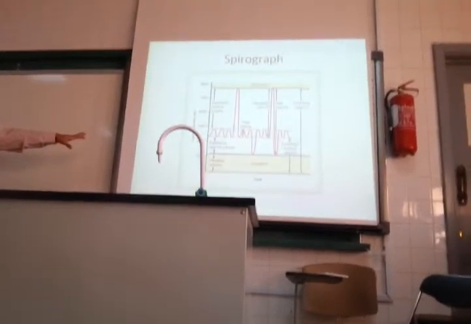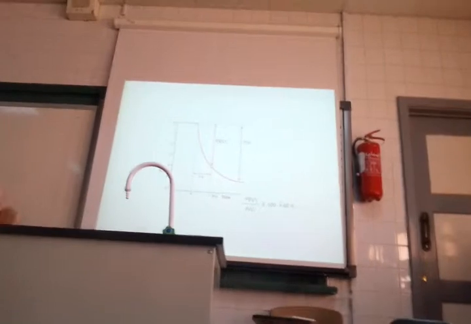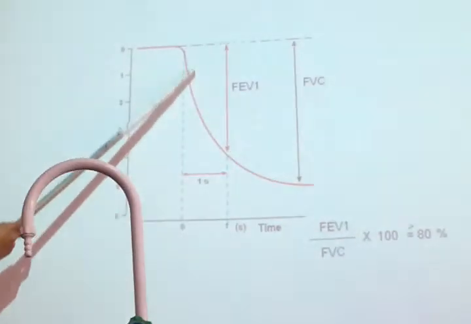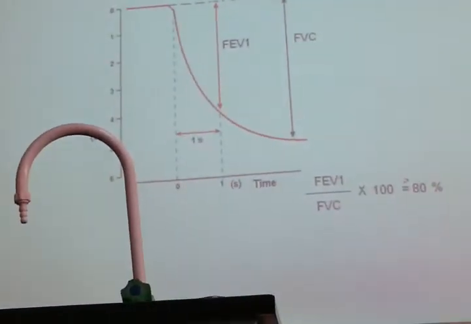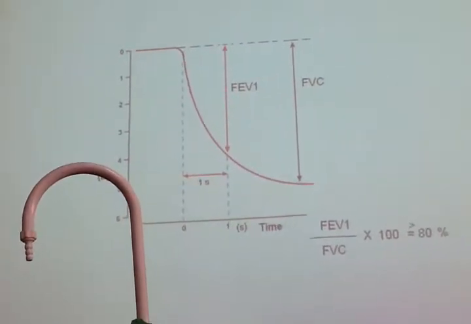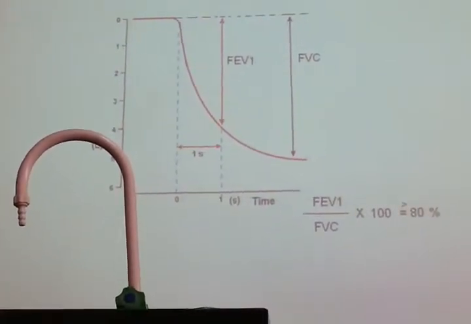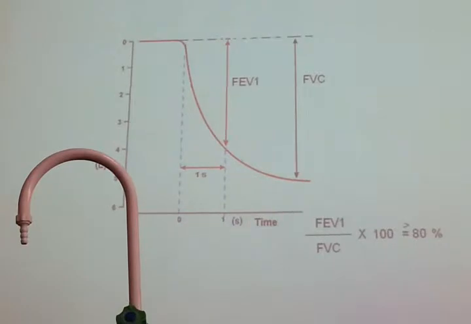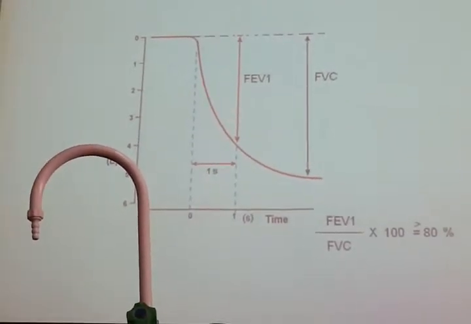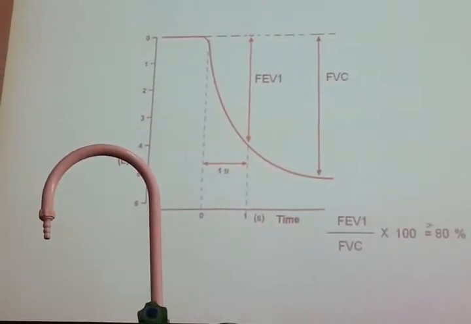This we have finished with. Now this is forceful expiration. The person is being asked to forcefully exhale, and it is being recorded. Naturally, in this machine, this tracing is going down.